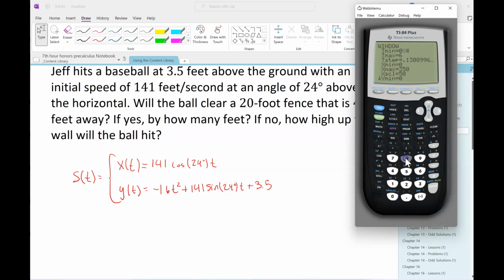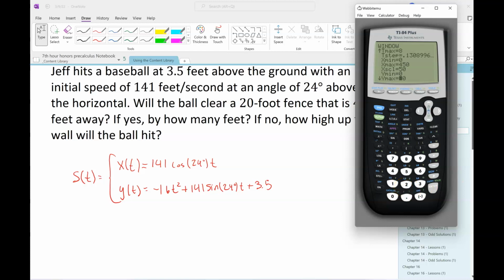So I'm going to bump this up to 0 to 8 on my interval. Since the ball is going further, it's hit at a higher angle, I think it's going to be in the air for longer, so I'll bump that up to 8. The wall is now 400 feet away, so I need to make the X max bigger than 450.